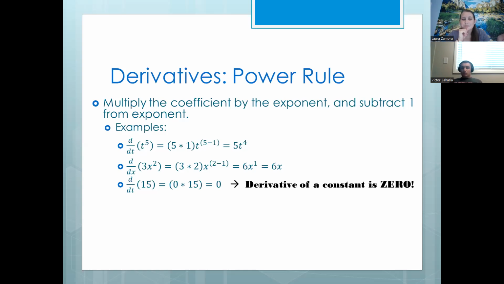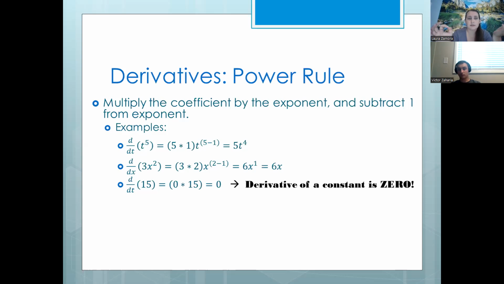Okay, last example, I think, for this one. d dt, so the derivative with respect to t of 15. Now you can see we don't actually have a t in that expression. It's just a constant. It's just 15. There's no t anywhere. So the exponent on t, which doesn't exist in the problem, is 0.